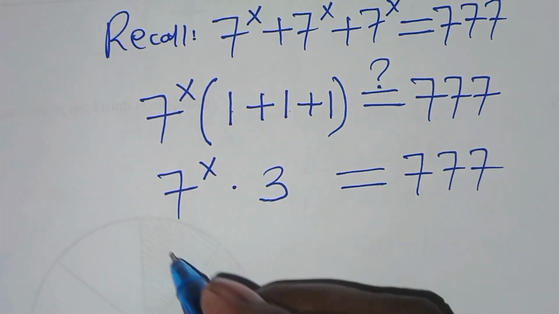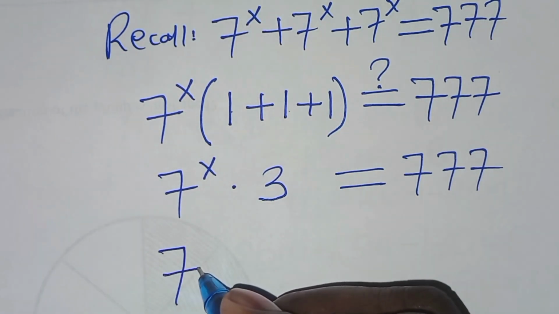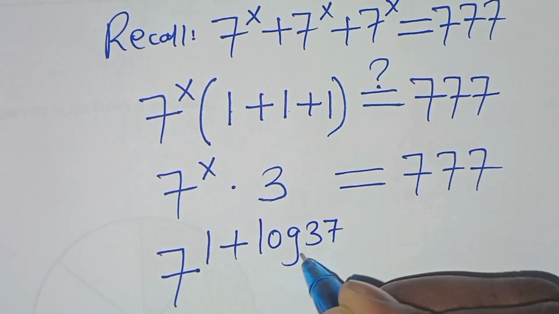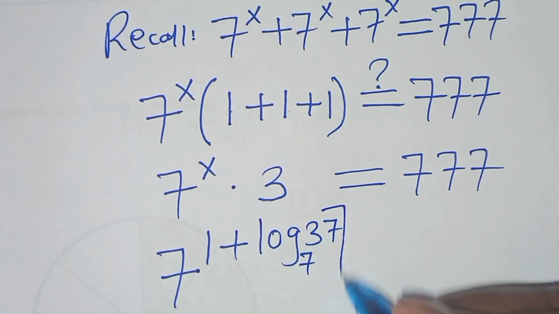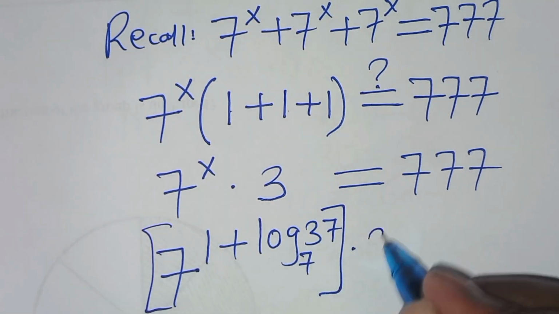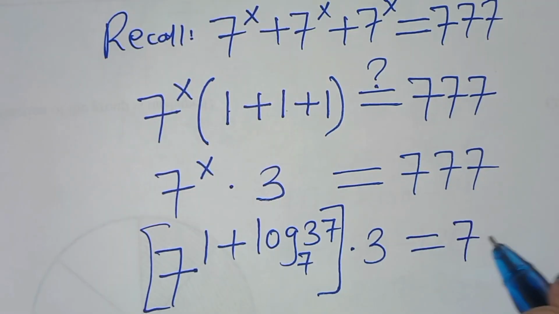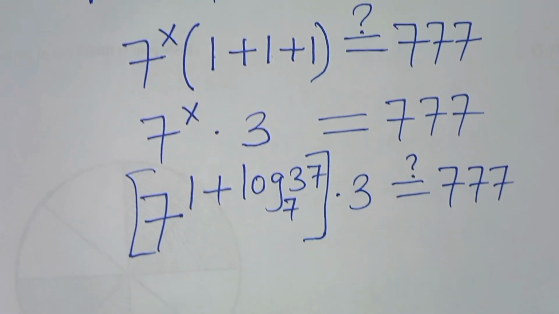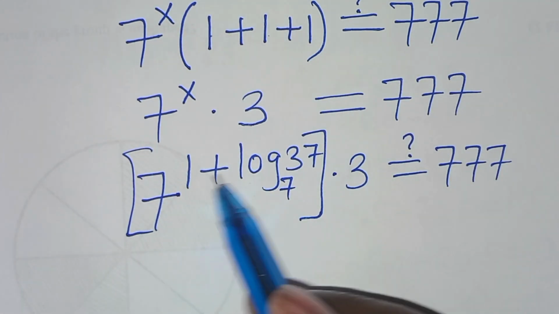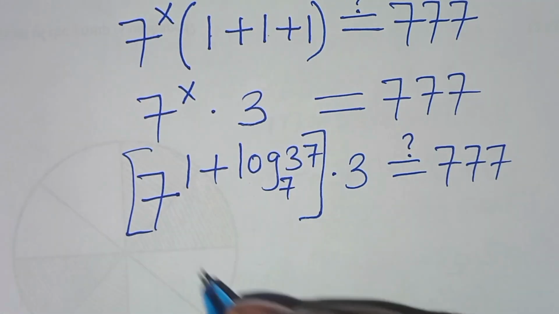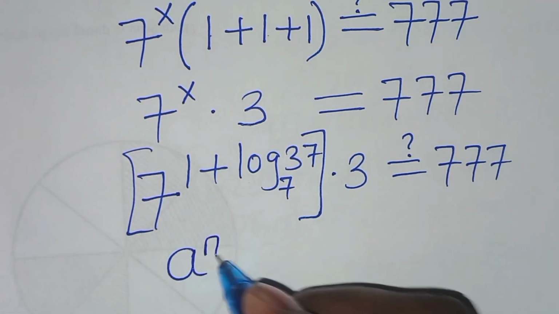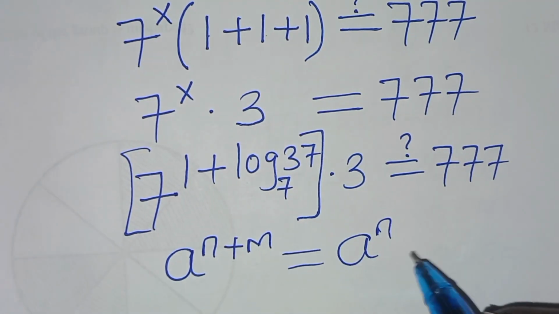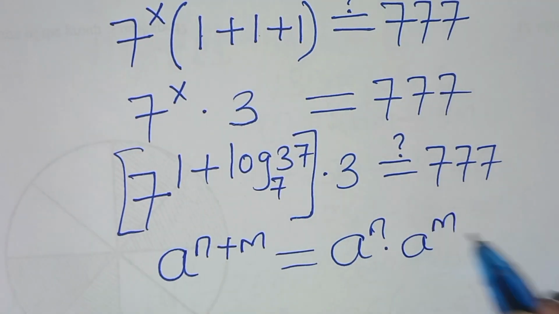Substituting the value of x, we have 7 to the power 1 plus log 37 to base 7, everything multiplied by 3. This should give us a value of 777. Now, 7 to the power 1 plus log 37 to base 7 is in the form of a to the power n plus m, which we can express as a to the power n times a to the power m.